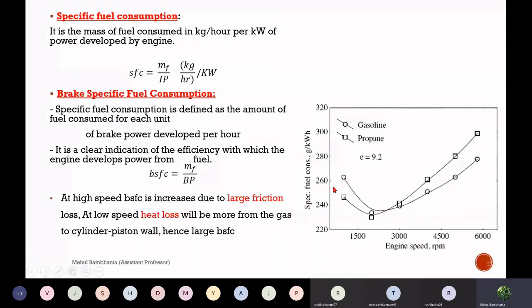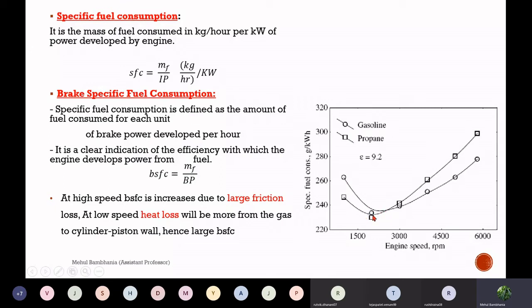At very low speed, when you run your vehicle at very low speed, definitely your specific fuel consumption is a little bit larger than when you run your vehicle at a little bit larger speed.